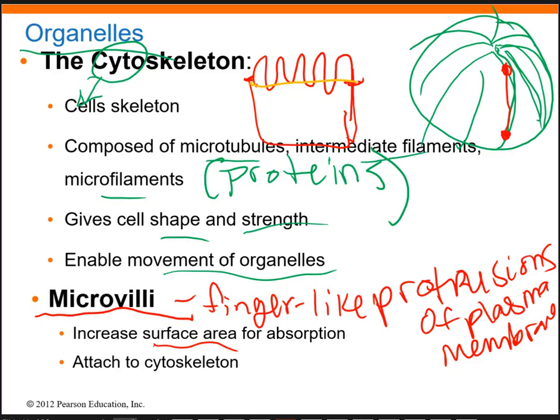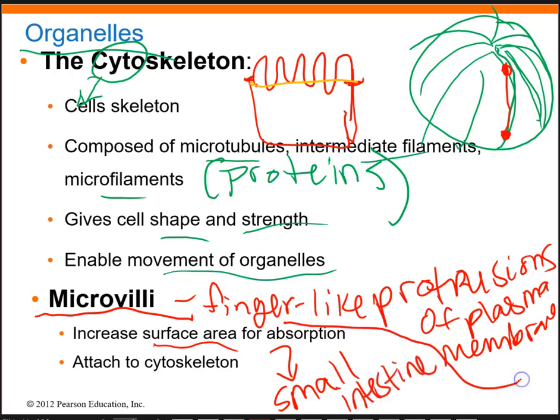This is important in areas where we absorb things, specifically in the GI tract, the small intestine, where we absorb most of the nutrients from our GI tract into the body. There are little transporters or little pumps present here on the plasma membrane.